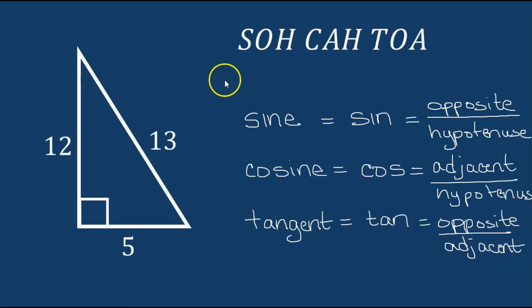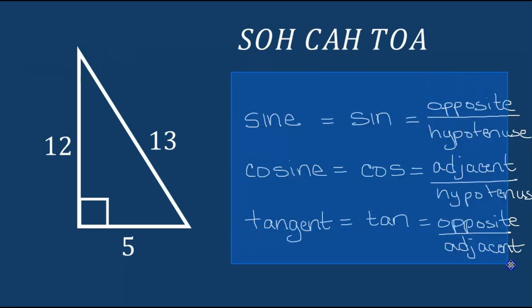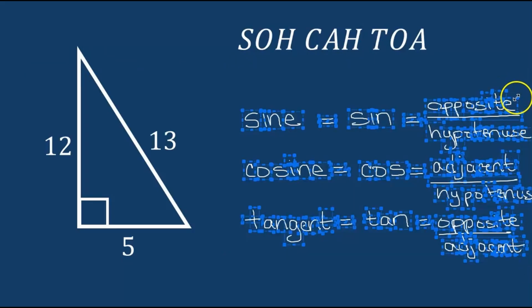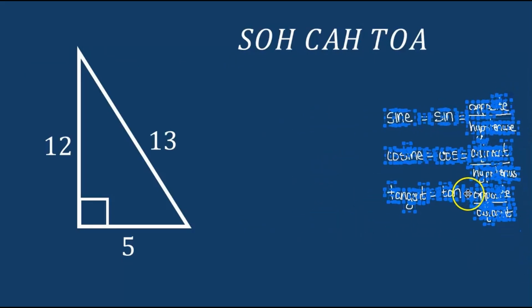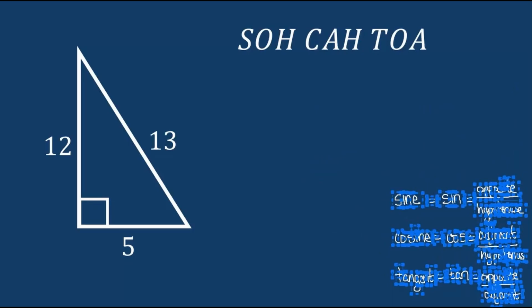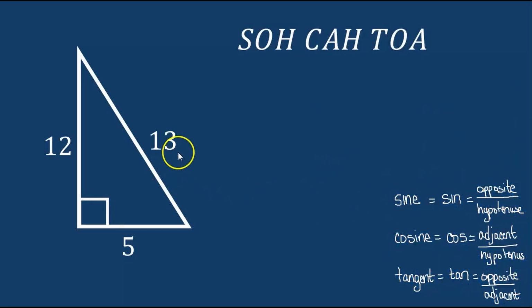Now I'm going to shrink these up a bit so that we have a little extra room and put them down here, because we're going to look at what each of these ratios looks like with the values on this particular right triangle. So let's start with the SO. Sine equals opposite over hypotenuse.